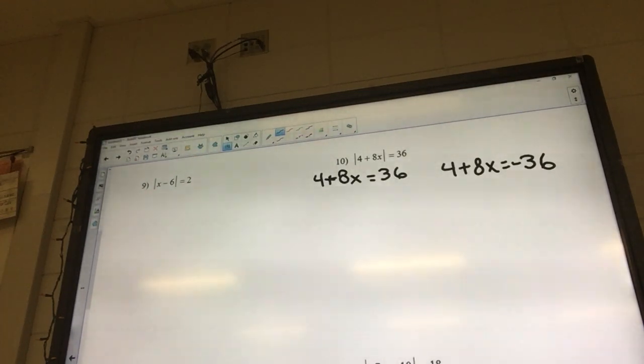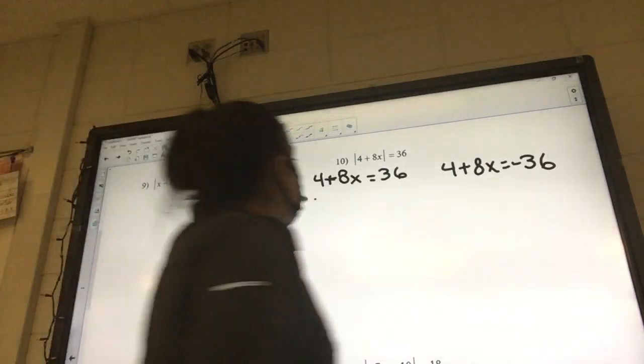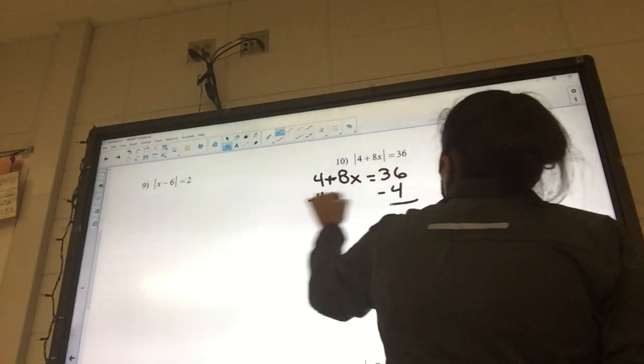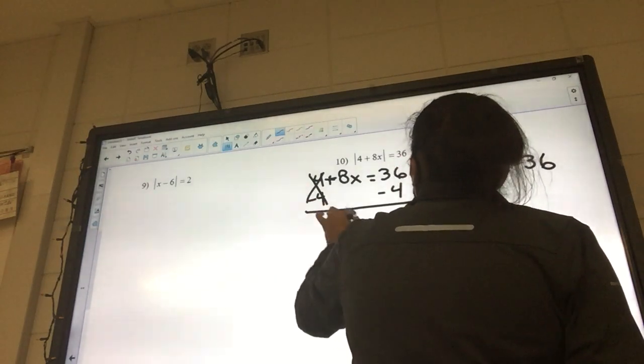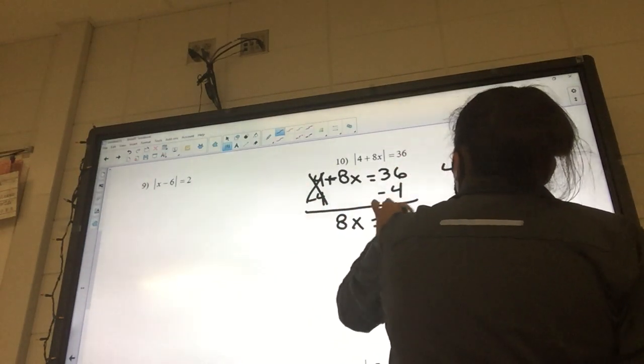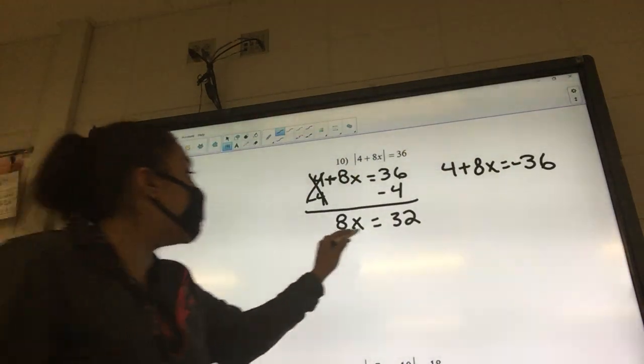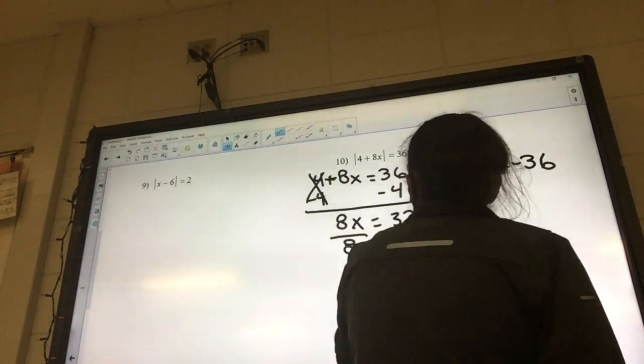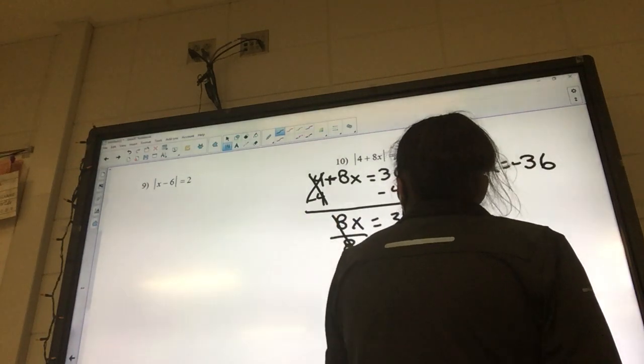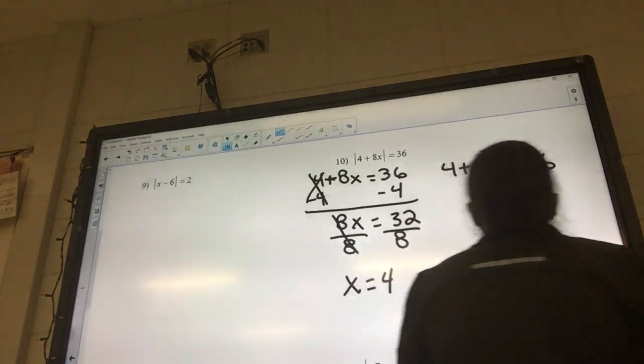Okay, so how do I solve for x? Subtract 4 from both sides. So I got 8x equals 32. And my last step is going to be to divide. So for the first one, I got x equals 4.